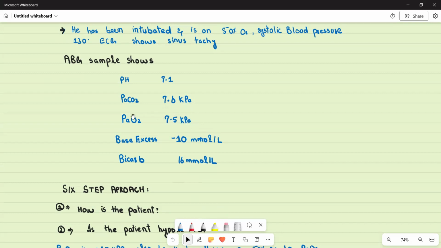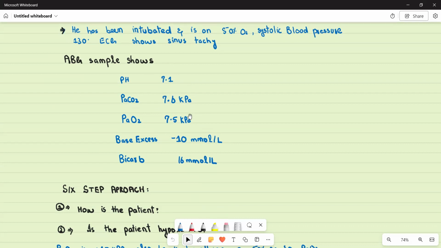So yes, the patient is hypoxemic. What is the pH doing? The pH is 7.1. So there is acidosis. What is PaCO2 doing? The PaCO2 is 7.6 kilopascal, and the normal PaCO2 is 4.7 to 6 kilopascal. So this is more than 6 kilopascal. So yes, PaCO2 is elevated.